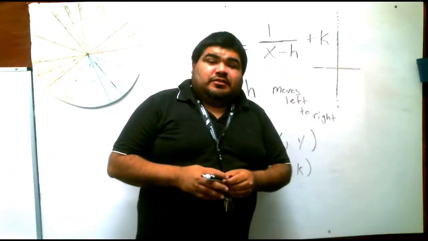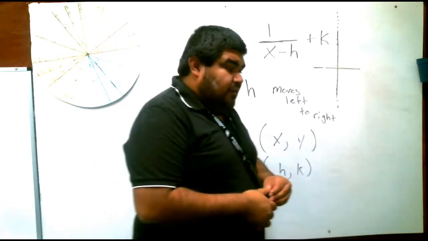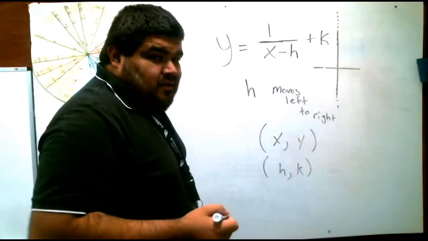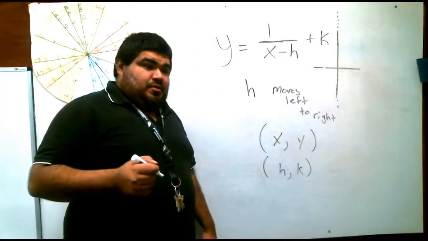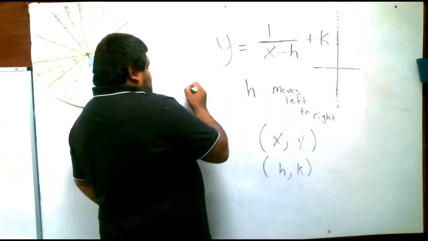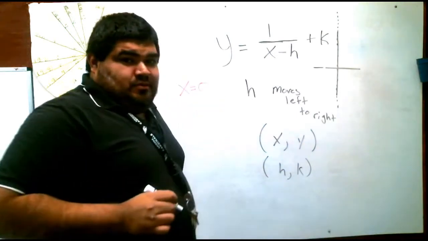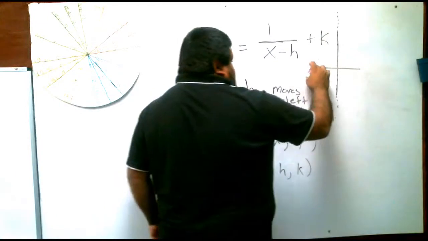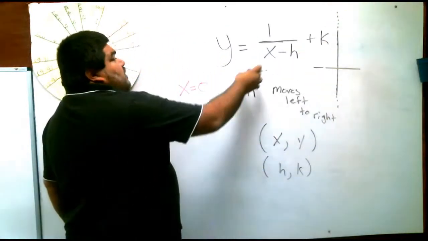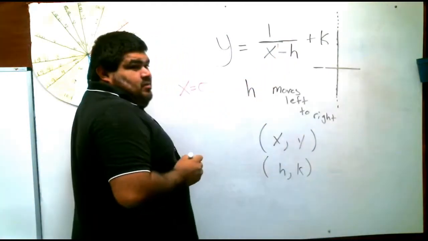The way you have asymptotes is the following. In this case, x equals 0 when it's a parent because it's at 0. Notice how your asymptote is at 0. That happens when x, there's a 1.